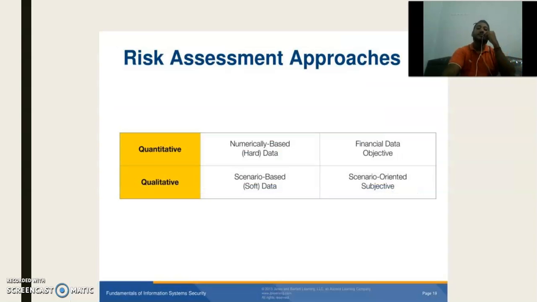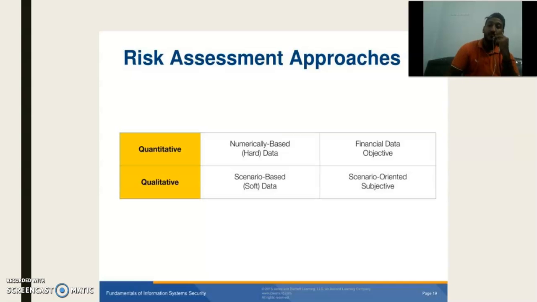These are the risk assessment approaches, which we can divide into two categories: quantitative and qualitative. The first one is quantitative, which is numerically based, containing hard data and financial data, and is objective based.